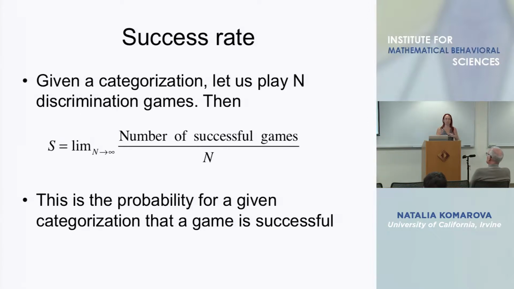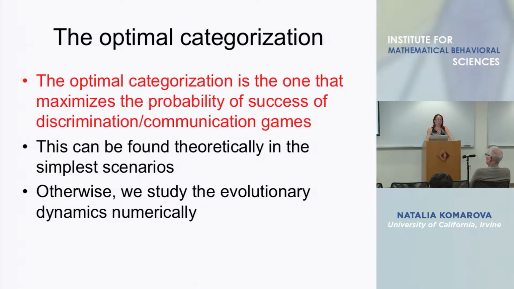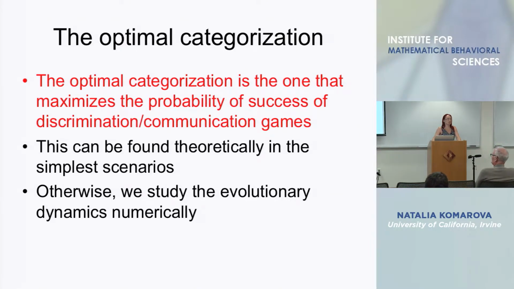And then when we put them together, we have a population dynamics. So the optimal categorization is the one that maximizes the probability of success in this particular game. So we can find the optimal categorization structure theoretically in the simplest case, and in more complicated cases, we can do it numerically.